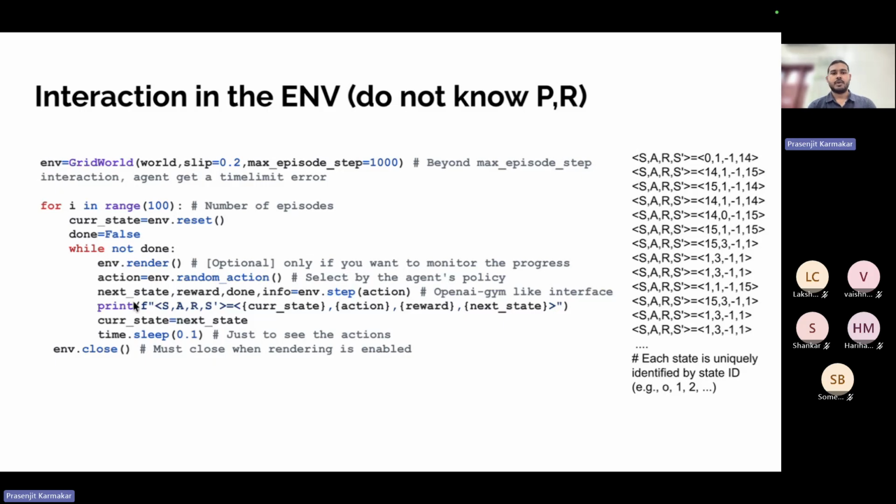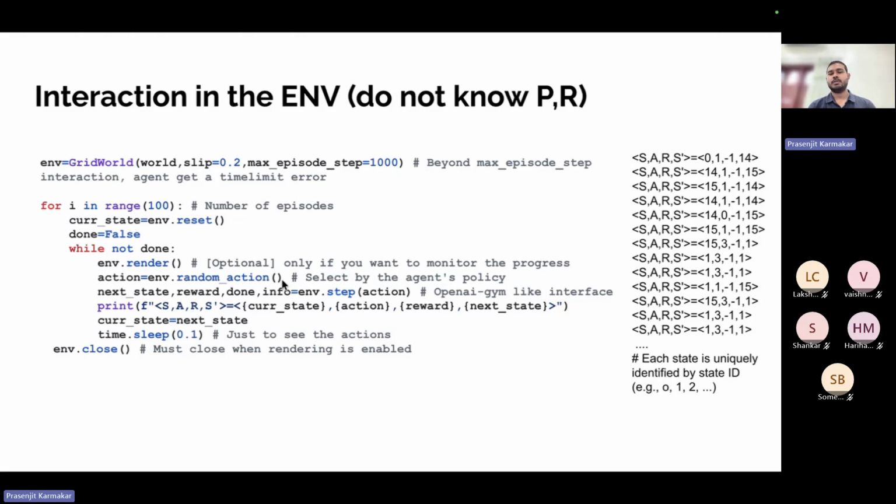Now this environment.step takes in the action, and it will take you to a next state. It will give you a reward and a done variable. Done variable means whether the environment ended or not. You reach the time limit, or you fall into a trap state, or you reach the goal state. In all those scenarios, done will be true.